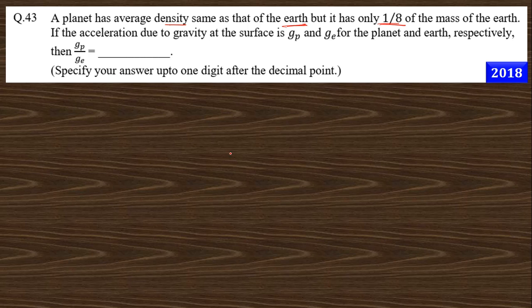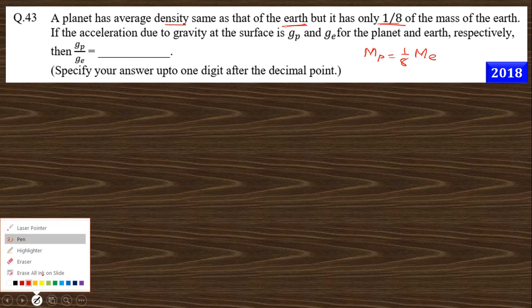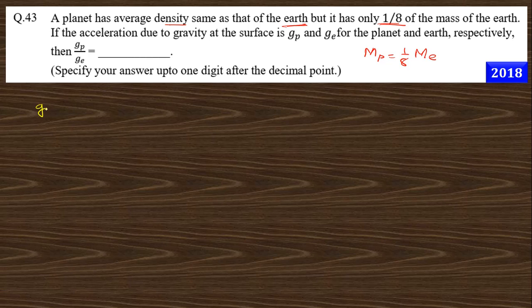That means the mass of this planet is 1 by 8 of the mass of the earth. So you need to find this ratio. You know the acceleration due to gravity is GM by r square, right? Here the mass changes in that ratio and the density is the same, so we need to change the r.